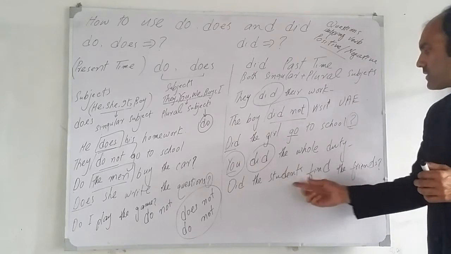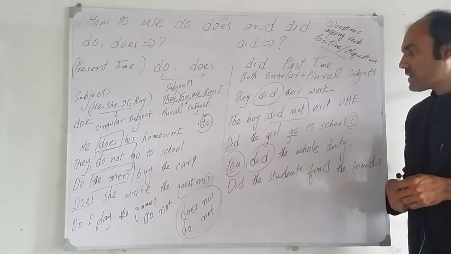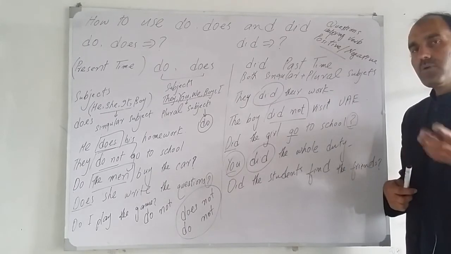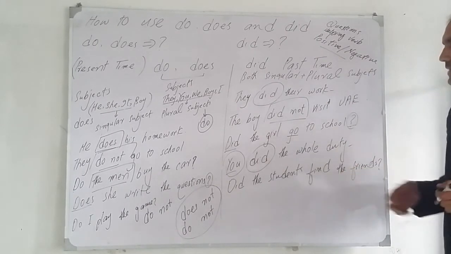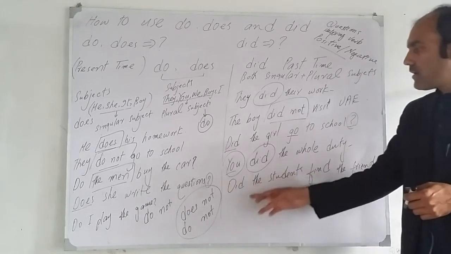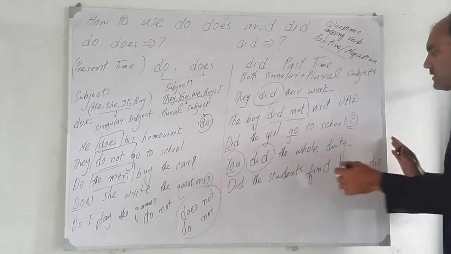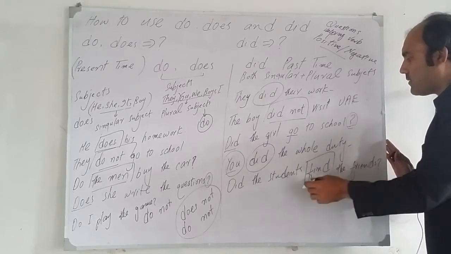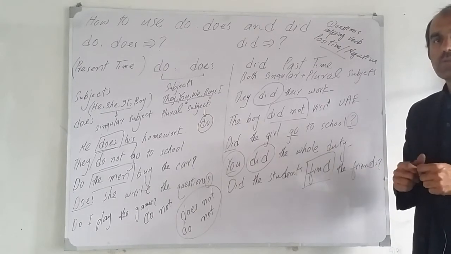Okay, now come to this one. Did the students find the friends? Let me explain more about the main verb. So here, where is our main verb? Our main verb is find. As I just told you, the main verb is always used after the subject.